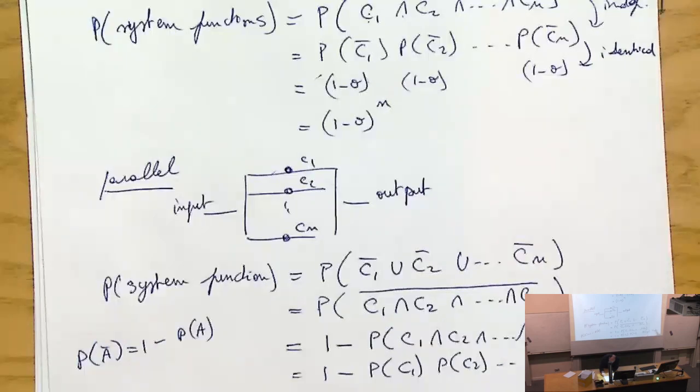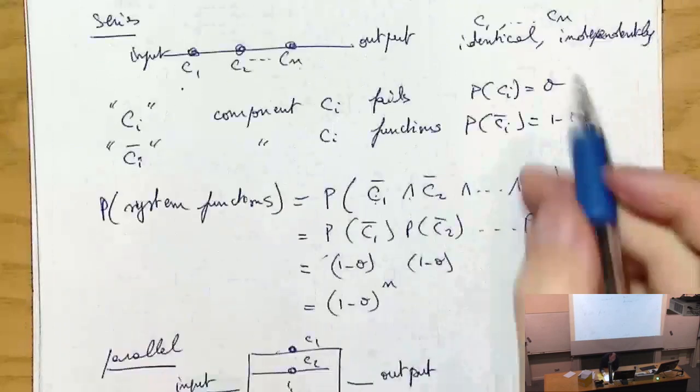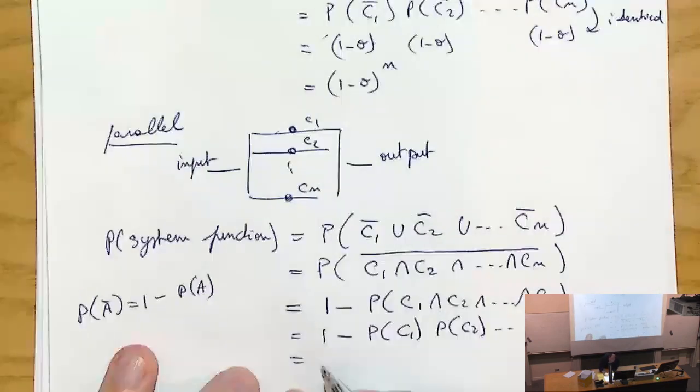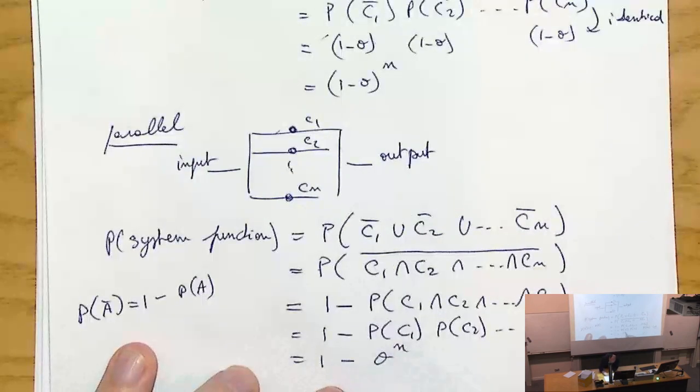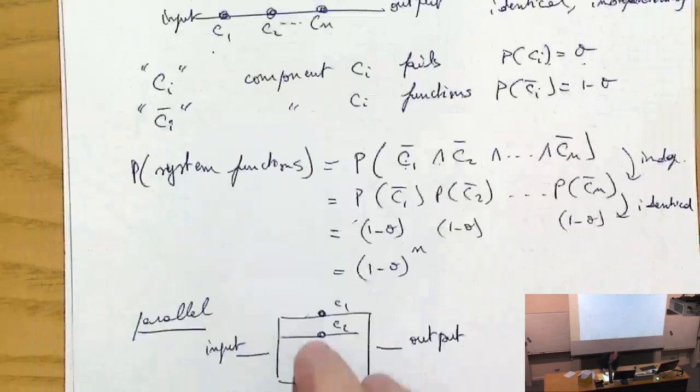This is the independence. P of C1 is theta. So this is 1 minus (1 minus theta) to the n. And I'm using here the fact that they are identical. Okay, so with this, you get two building blocks when the systems are in series or in parallel.